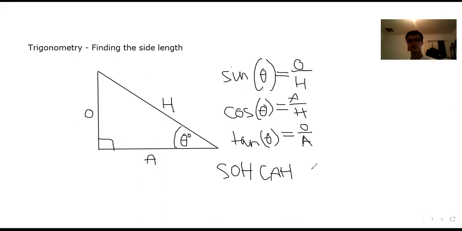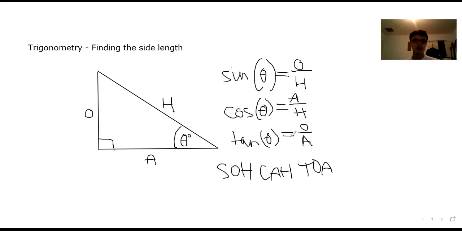Think of cos first, then adjacent, then hypotenuse. The last part is TOA. So another way of memorizing the trig formulas is the mnemonic SOHCAHTOA.